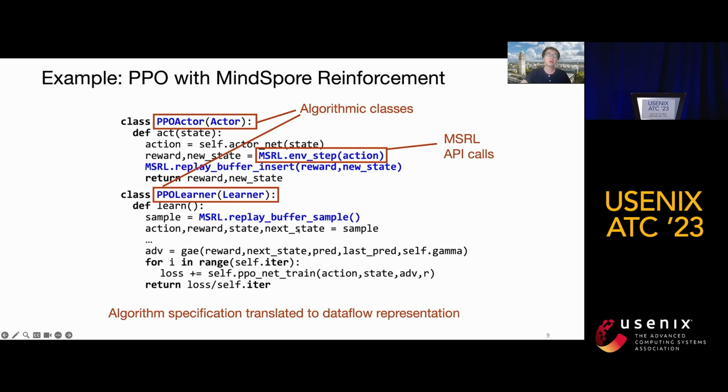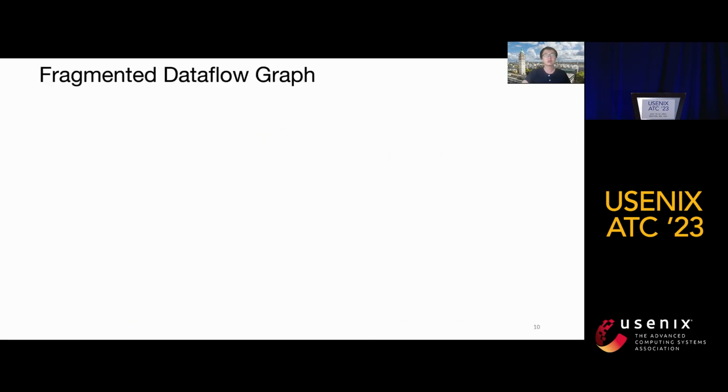By developing your algorithm with all the MSRL APIs, we can translate the algorithm from the Python code into some data flow representation. And that data flow representation is called a fragmented data flow graph.